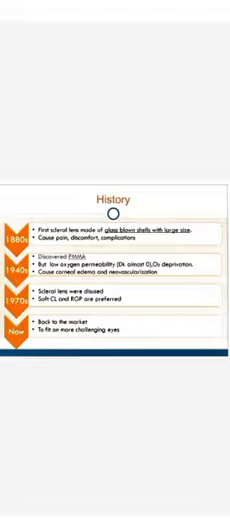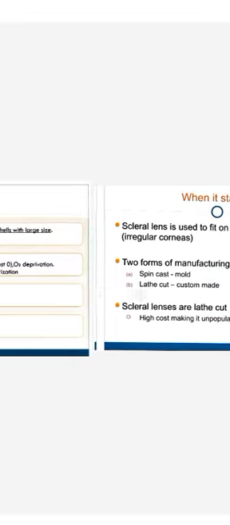In the 1970s, soft contact lenses and RGP lenses were introduced. Scleral lenses are now back on the market, used to fit more challenging eyes.